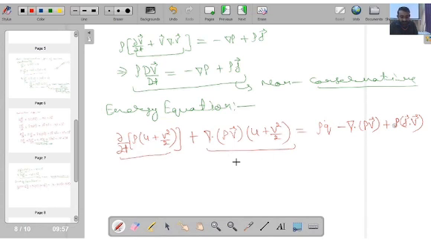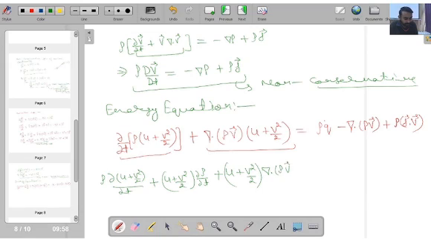The first and second terms we will simplify, and that will become rho times d of (u plus v square by 2) by del t, plus (u plus v square by 2) times del rho by del t, plus (u plus v square by 2) times divergence of rho v vector, plus rho v vector times gradient of (u plus v square by 2).